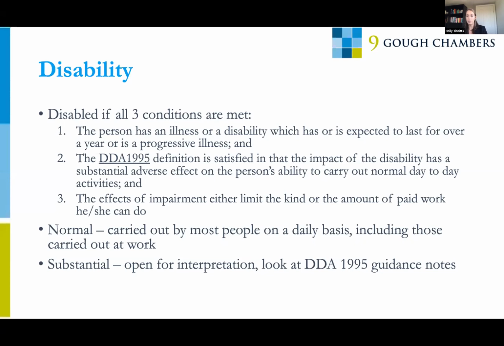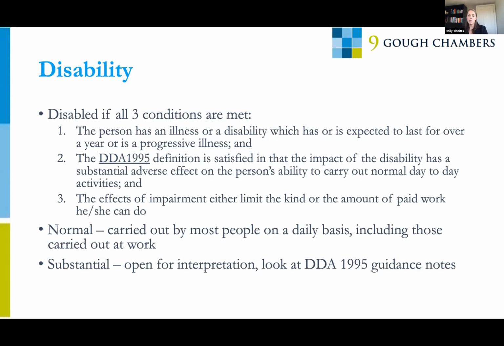Now, many of you will have noticed that the statute that's cited there is the Disability Discrimination Act 1995 and not the Equality Act 2010, which was mentioned in the old guidance notes. The guidance notes are at pains to point out that it is the DDA 1995 definition and not the Equality Act 2010 definition which is relevant, and that all 3 factors have to be met rather than just one.